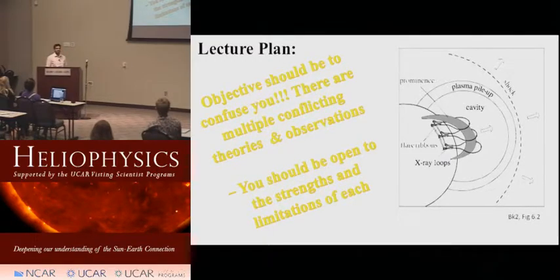That's what you should take away from here: if you think there's only one initiation idea, that's not true. There are multiple, and they all have strengths and weaknesses. So you should come away from here a little bit confused, in that you're not entirely sure how to initiate a CME or what we're actually observing.